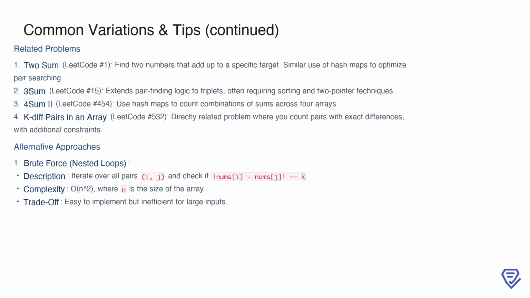Four-sum 2 pushes this further by counting combinations of sums across 4 arrays, relying heavily on hash maps for efficiency. Finally, k-diff pairs in an array is directly related, as it also involves counting pairs with specific differences, but may include additional constraints. Exploring these problems can deepen your understanding of pair-finding strategies and their variations.